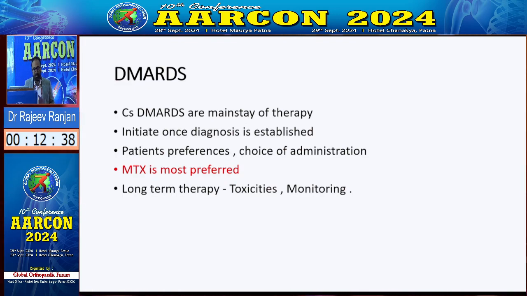Methotrexate is the most preferred and most widely used drug to treat inflammatory arthritis. However, these drugs are used for a very long term, as most of these diseases which we treat are chronic, and long-term therapies always come with lots of toxicities. So the key to reduce the toxicity is proper monitoring.